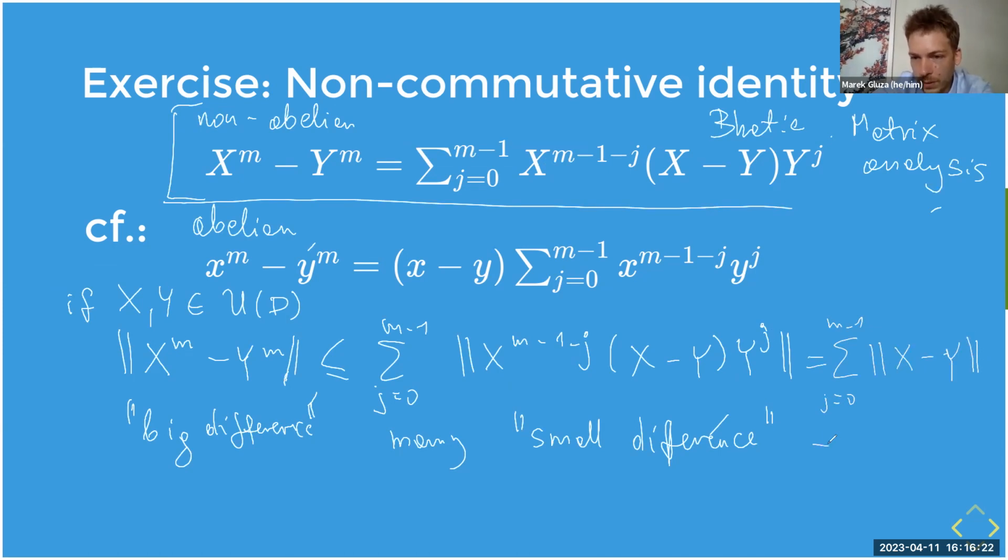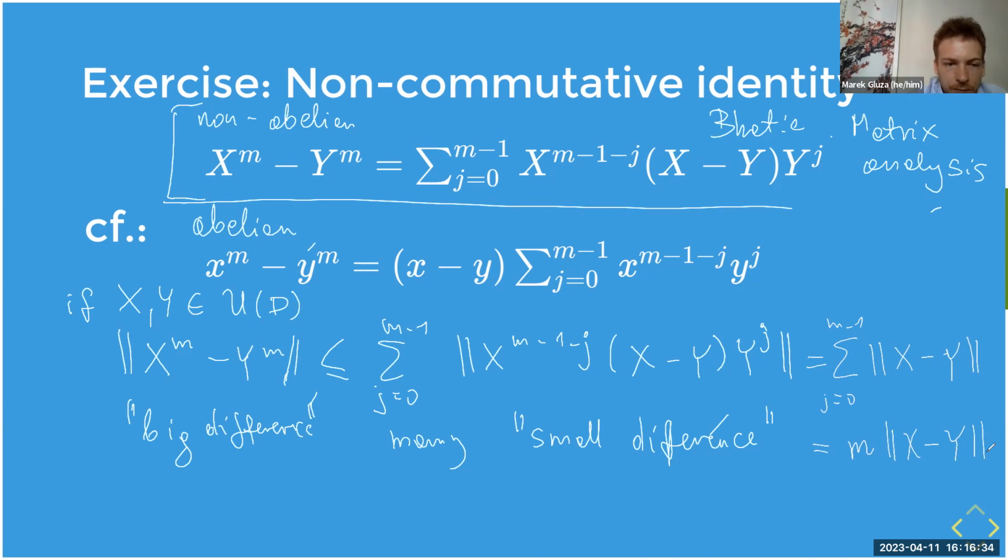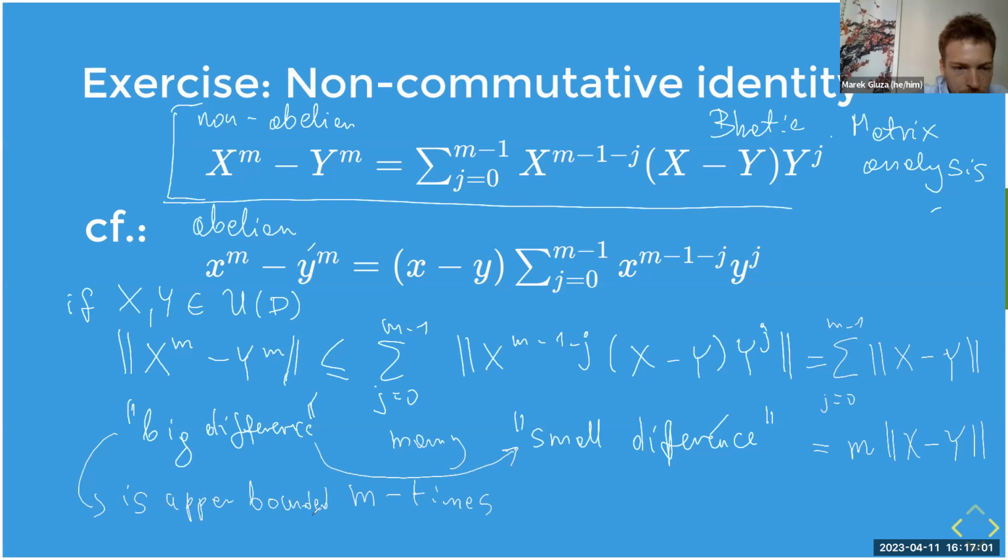So I'm summing many times the same thing, so I have m times the norm of x minus y. Tada. So what we got is that the big difference is upper bounded by m times the small difference.